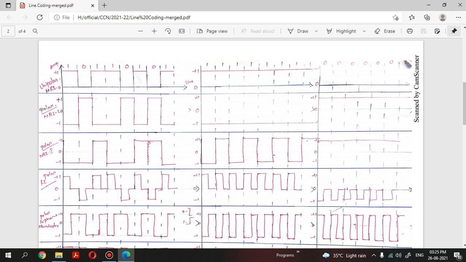This line coding mechanism is important to know because we always have a big question mark, a $1,000,000 question: how is data transmitted from one place to another? Here it is transmitted as an electrical signal, by varying the voltages.